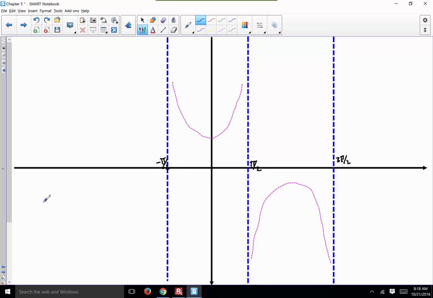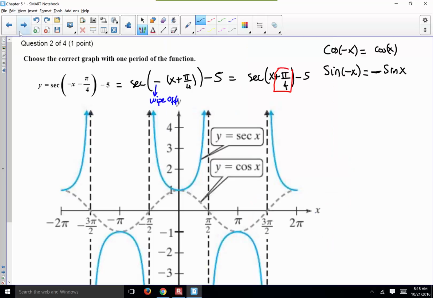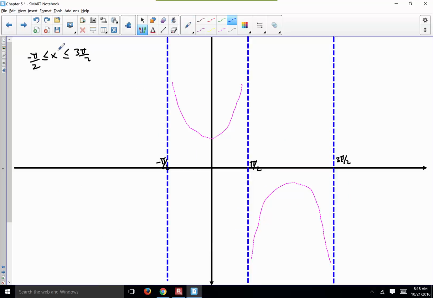One period frame, x is between minus pi over 2 and 3 pi over 2, right? But here in our question, we don't have just x, it's x plus pi over 4. So all I'm going to do is subtract pi over 4 from all three sides. Please do so and tell me the result.